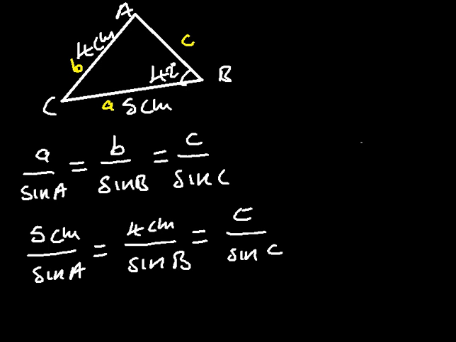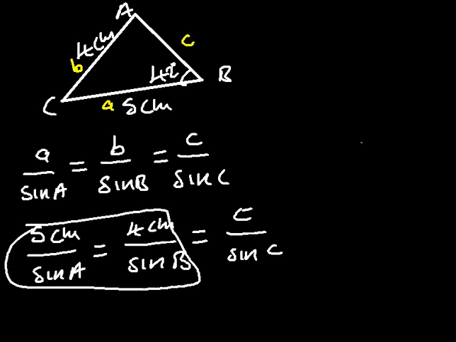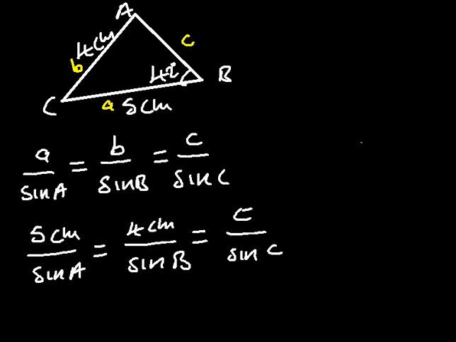So using these two, we can have the value of angle A. By the way, we have angle B, which is 42. So it means we'll have the value of angle A using the information.